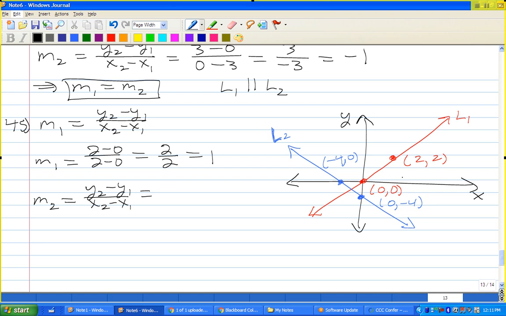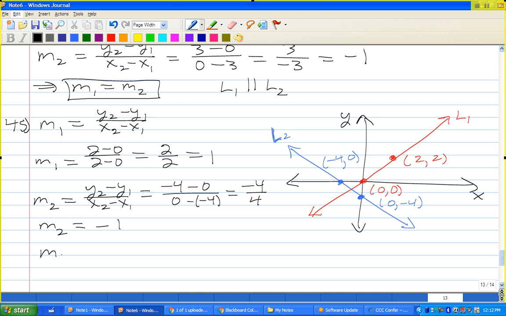And so let's do negative 4 minus 0 over 0 minus a negative 4. So this is equal to negative 4 over positive 4. Negative divided by positive is negative. 4 divided by 4 is 1.